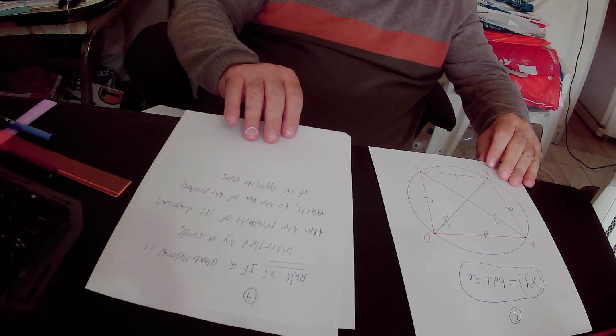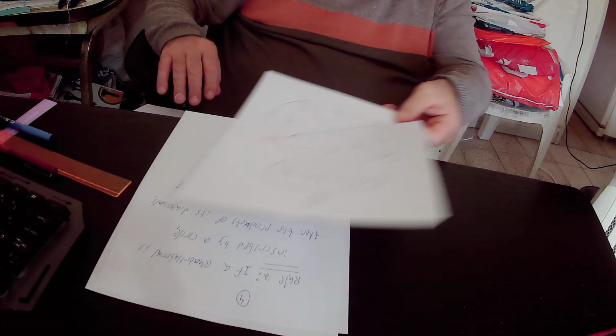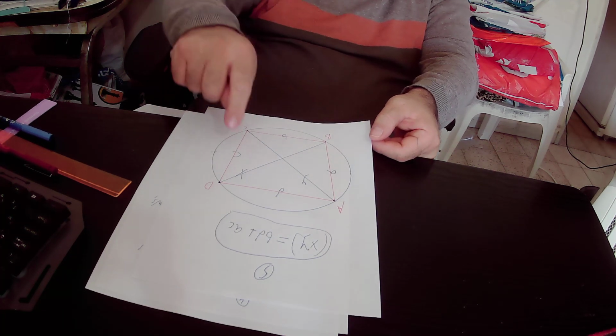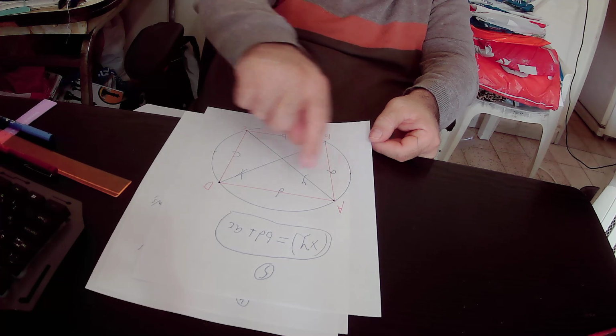According to rule number 2, if a quadrilateral is inscribed by a circle, like in this drawing, you can see that quadrilateral ABCD in the red color is inscribed by the blue circle.